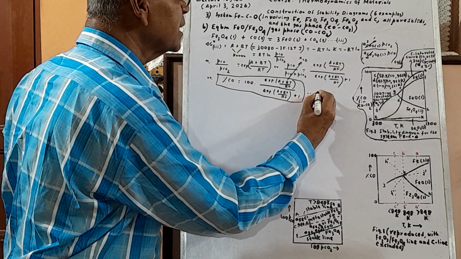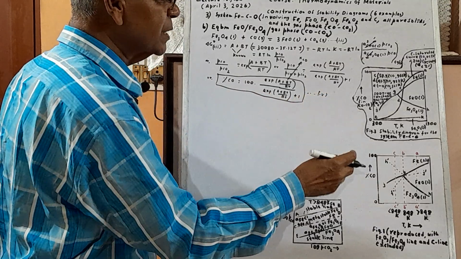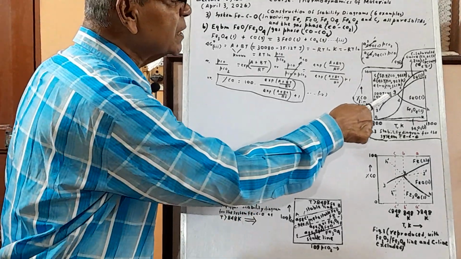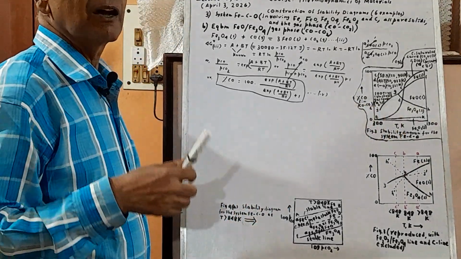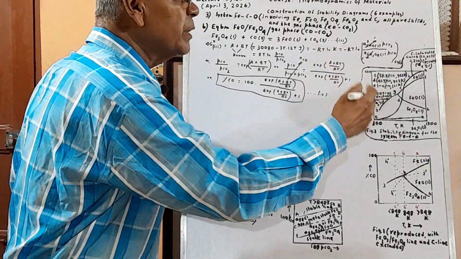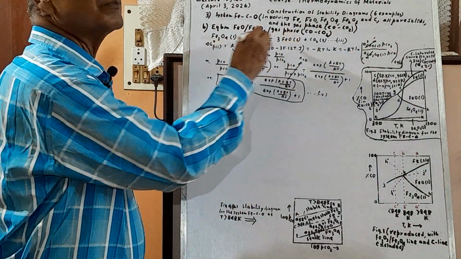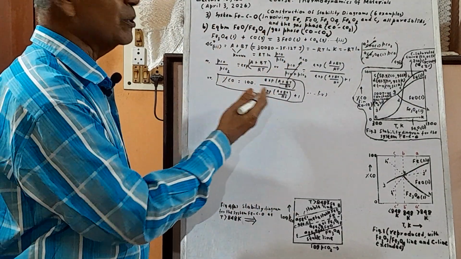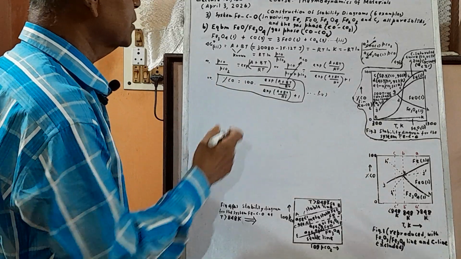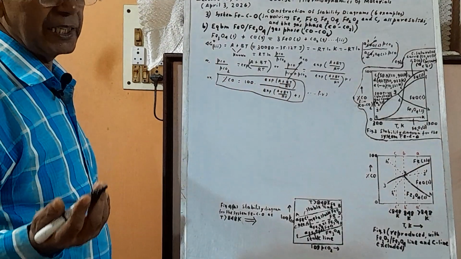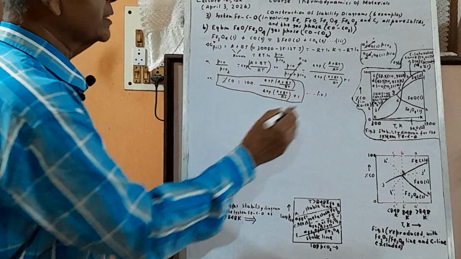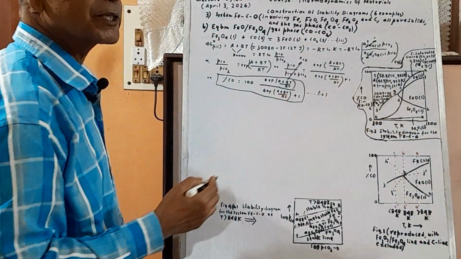This is your desired equation 4. This is the equation for the curve GDH, the equilibrium of FeO and Fe3O4. So percentage CO versus T is clearly non-linear, and it is also non-linear here, as you see.